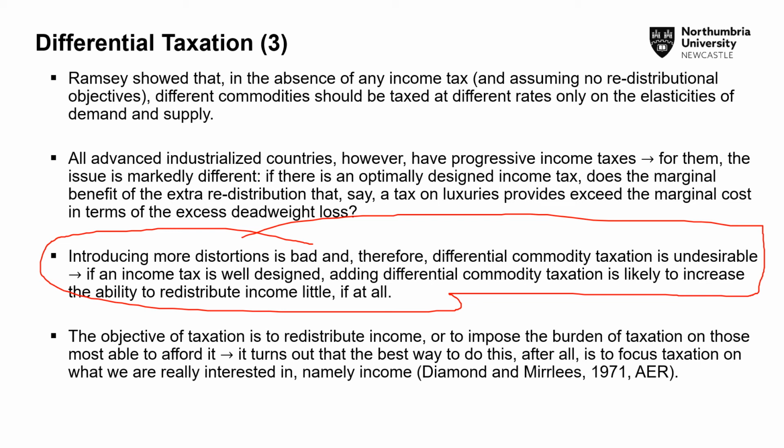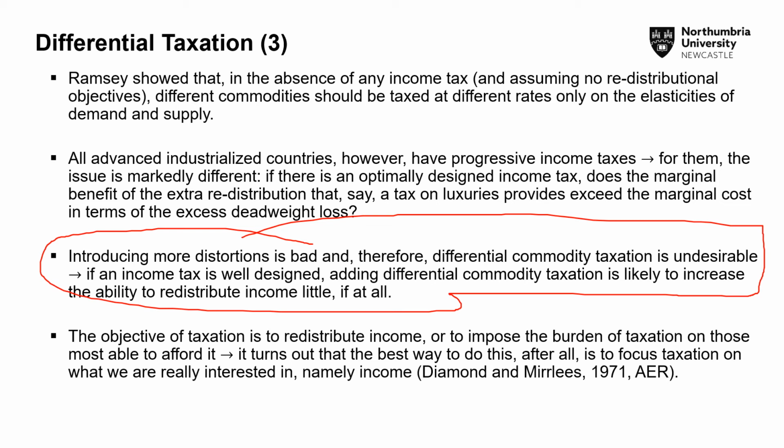Specifically, what we should do is only tax income. So that leads us to a specific argument, and that argument is that if the objective of taxation is to redistribute income, we should tax income, and the focus of taxation should be what we are therefore really interested in.